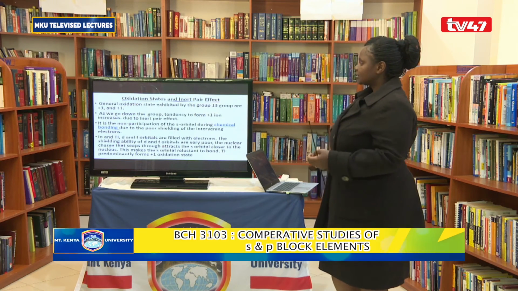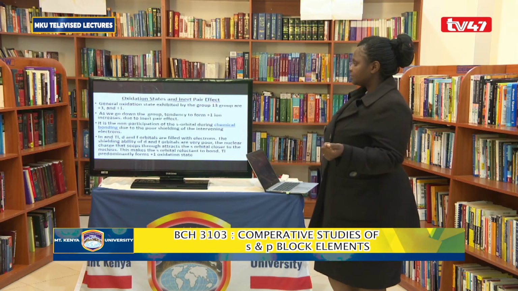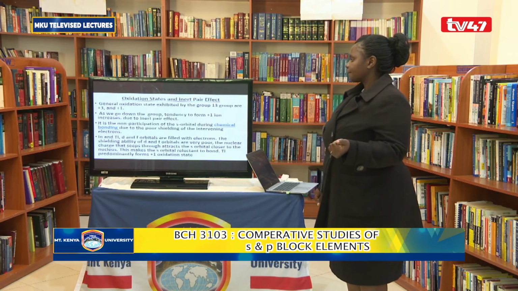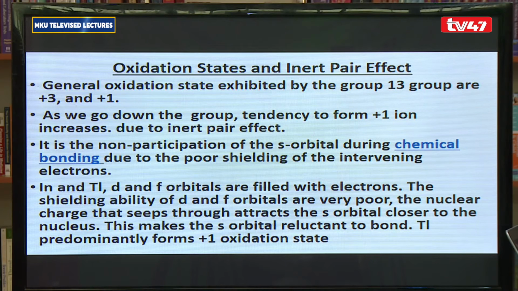So with that, you will find that boron and aluminium normally form +3 oxidation state compounds, while as we move down the group towards thallium, thallium has a high tendency to form predominantly +1 oxidation state compounds.